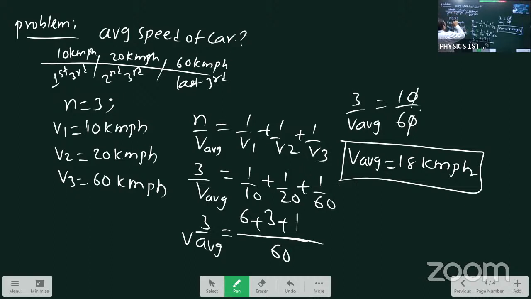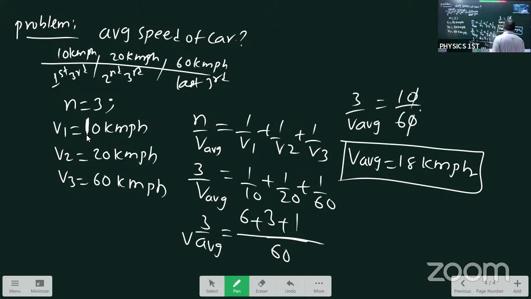Starting 10, second one 20, last one 60. Just substitute. The remaining is all mathematical calculation. Compared to the mathematics zone, this is a very simple problem. n is 3, 3 by V average equals 1 by 10, 1 by 20, 1 by 60. LCM 60. We need V average. Total 10. The remaining answer is 18 kmph. 18 kilometer per hour is the average speed of the car.